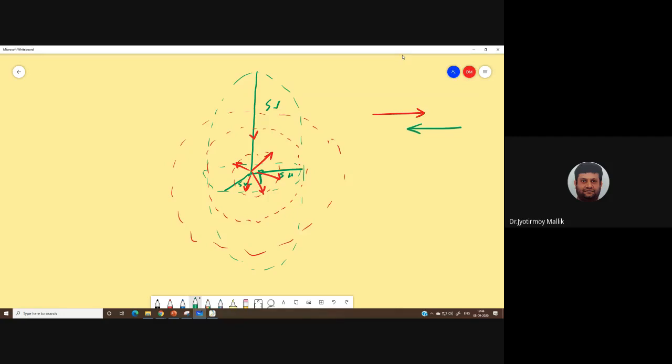Now there is something called effective stress. Effective stress is equal to SV minus, let us say this fluid pressure is PP. SV minus PP, because it's acting in the opposite direction.